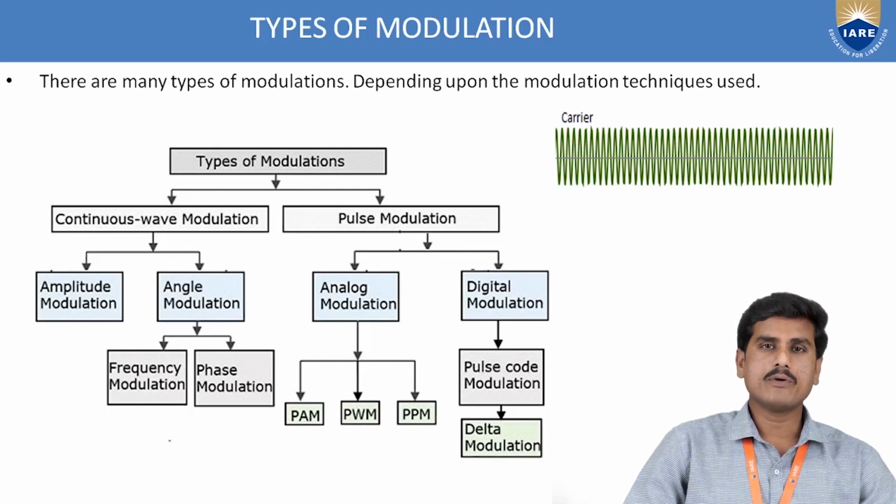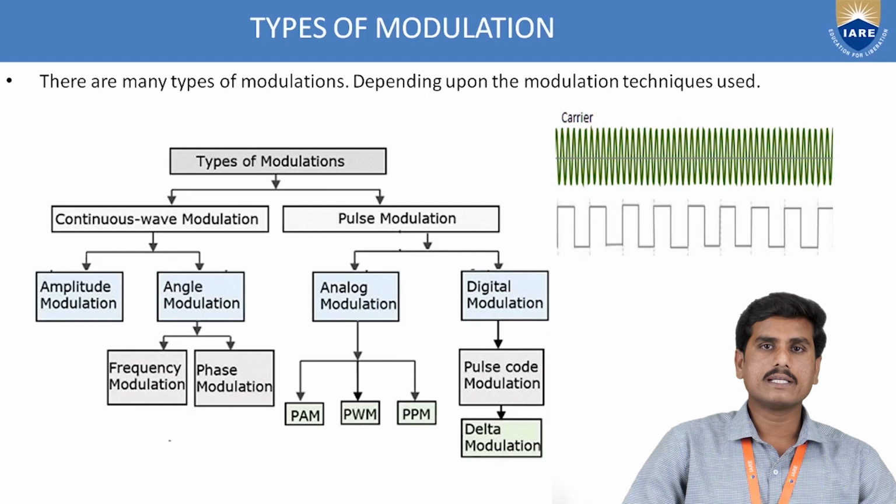In continuous wave modulation we use a continuous signal as the carrier. Here, based upon the continuous carrier wave, we have amplitude modulation and angle modulation, and the angle modulation can be classified into frequency modulation and phase modulation. Now coming to the second category, that is pulse modulation.